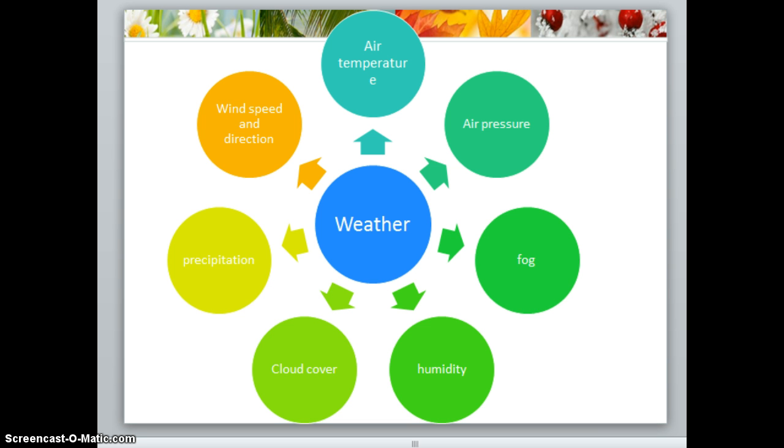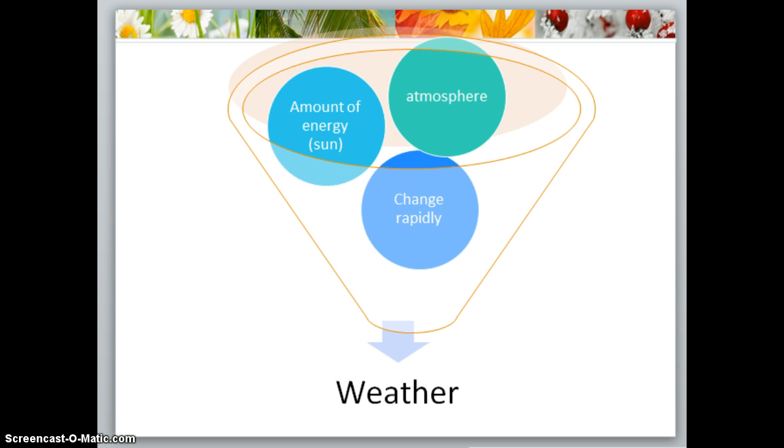They might change over a little bit longer period of time. But we know that the conditions for weather change. So we know that weather happens because we get energy from the sun that interacts with our atmosphere, and that weather can change fairly rapidly.